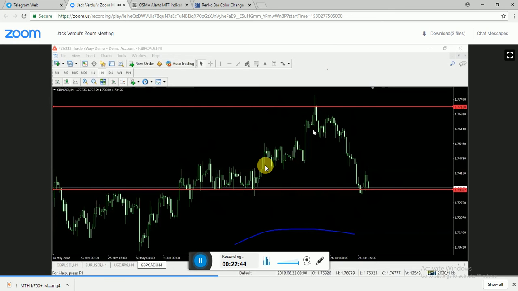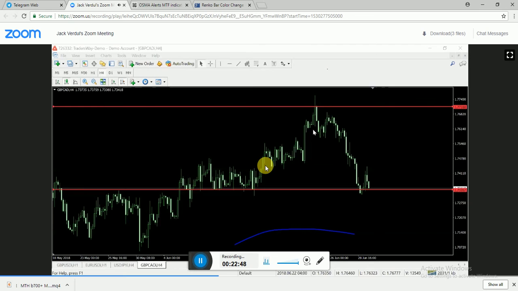So it has a stronger sell bias than a buy one. But right now it's currently at a little small resistance, I mean support right now. You make that blue here.